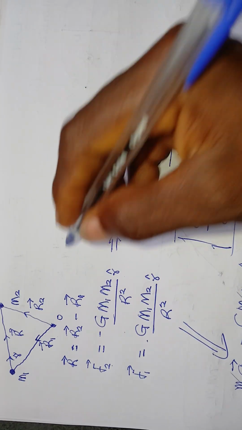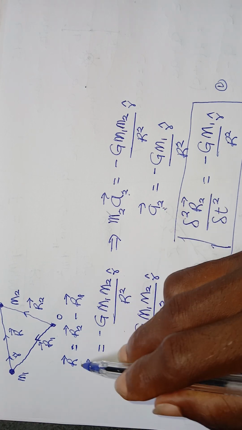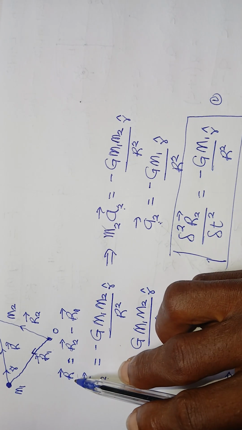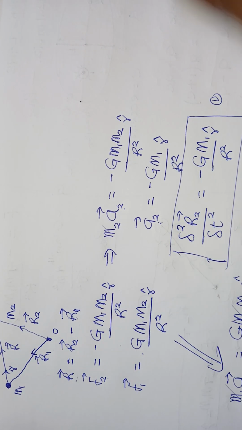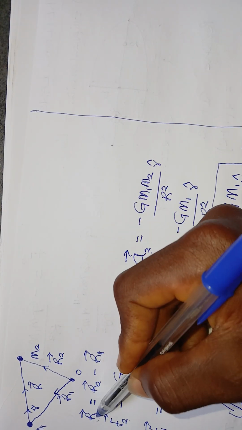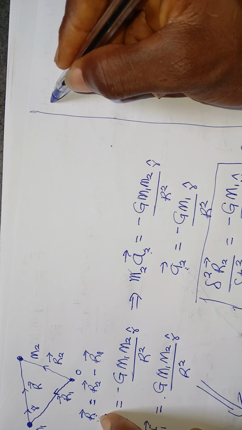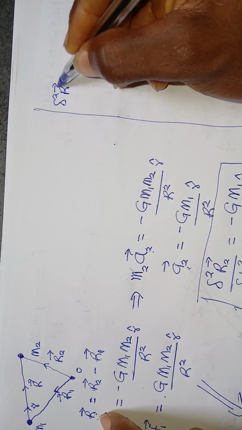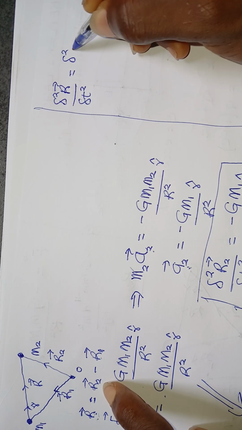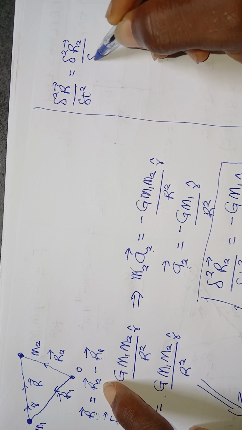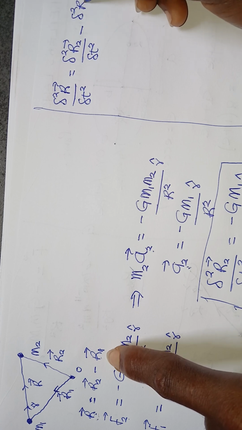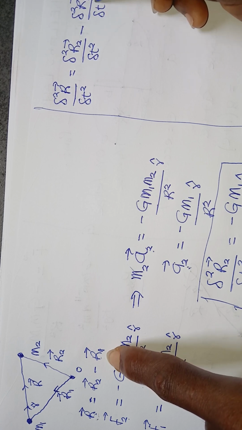Now, as we can see from the first vector equation that we wrote, r is equal to r2 minus r1. And now what we can write from that is that if we take derivatives of this vector equation, given this equation, we can take the second derivative and say that the second derivative of the vector r with respect to time squared would be equal to the second derivative of r2 with respect to time squared minus the second derivative of r1 with respect to time squared.